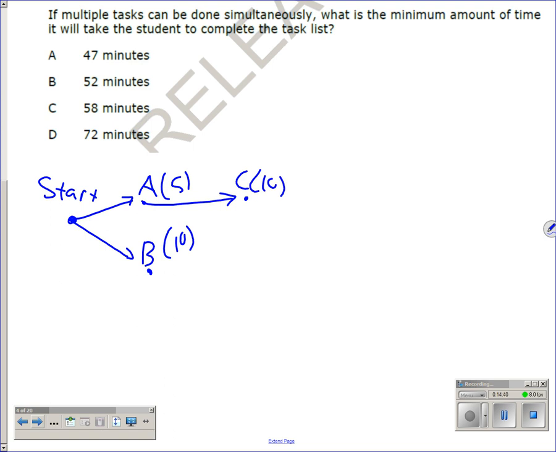We'll move on to D. Is D ready to go? Yeah, it needs its prereqs of C and B, both of which have been completed. And it has a processing time of 8.